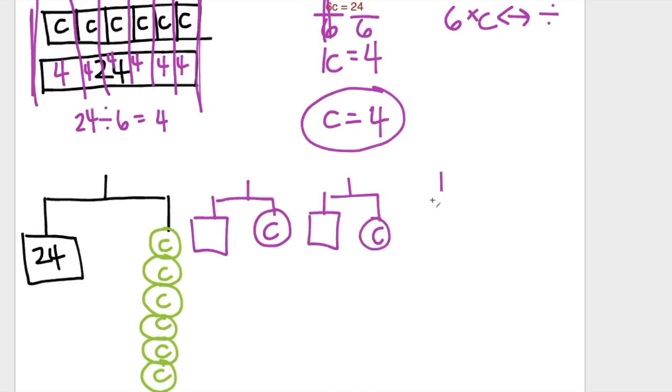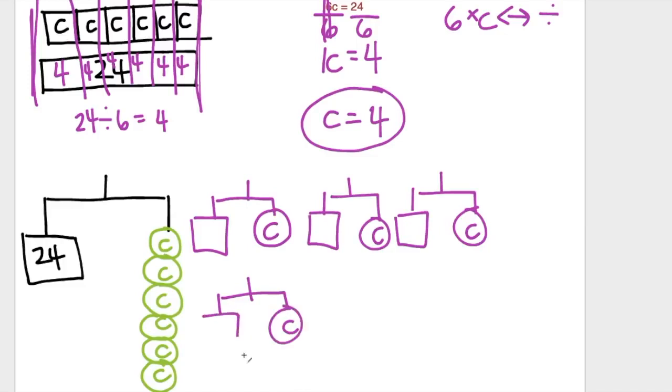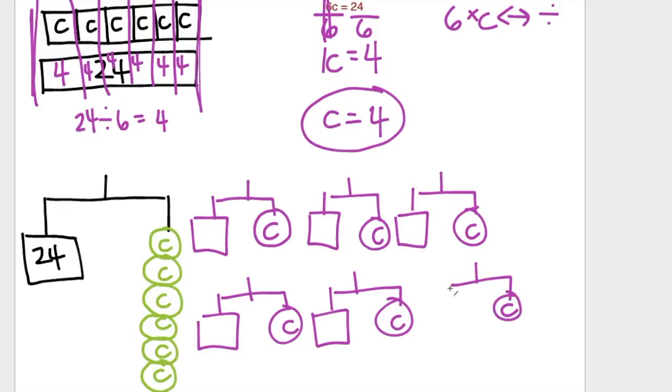So then the question would be, how much would each of those c's have to equal in order for all of the smaller blocks to add up to 24? So here we have 3, 4, 5, and 6.